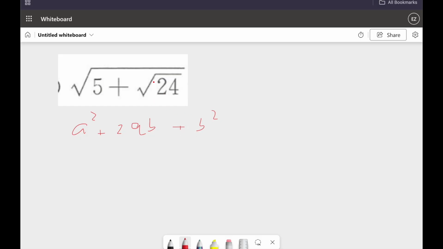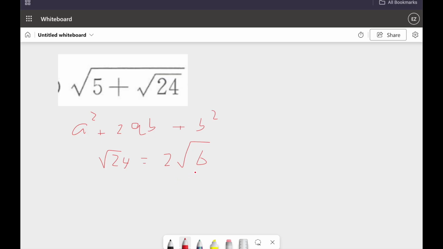Okay, so square root of 24, which is equal to 2 times square root of 6. And square root of 6 should equal a times b.